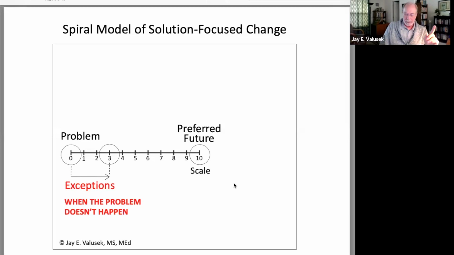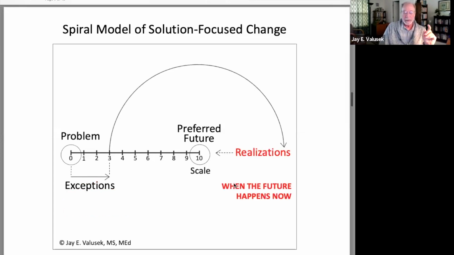But as we know, if you keep going, you take an exception and you flip it. The flip side of an exception is when the problem doesn't happen. But what I call a realization is when the future does happen. The reason I like the word realization is the future is being made real in little moments today already.